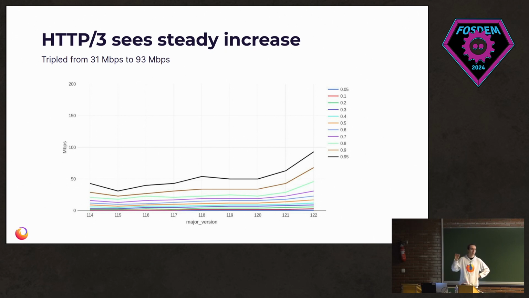We are 3 times as fast as before tackling the problem, from around 31 megabits per second to 93 megabits per second. This is the 95th percentile, so this is network speed of better than 95 percent of all clients. So also visible from the high-level telemetry.